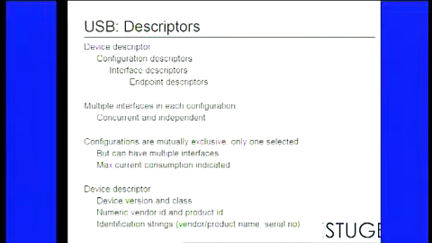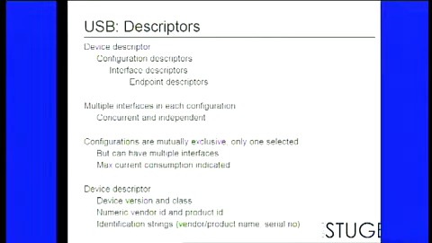Looking at the device descriptor, we'll get into the configuration descriptors, interface descriptors and endpoint descriptors in detail in the workshop. But looking at the device descriptor, it has, as I mentioned, the device version and the device class, which I'll come back to, and a vendor ID and a product ID to uniquely identify this device among all other USB devices in the system.